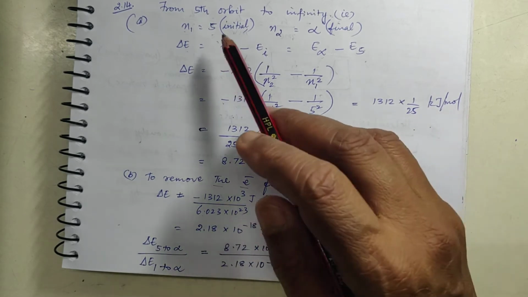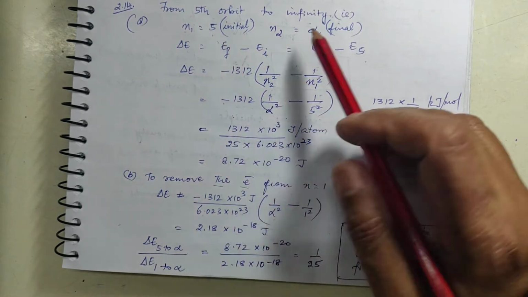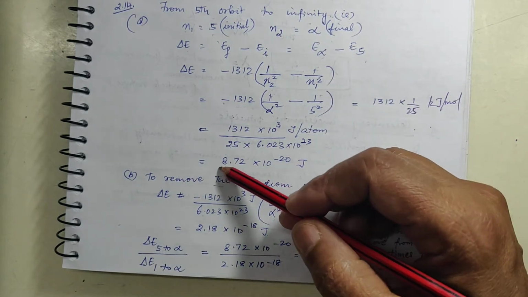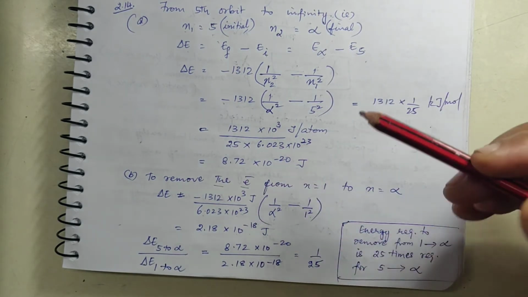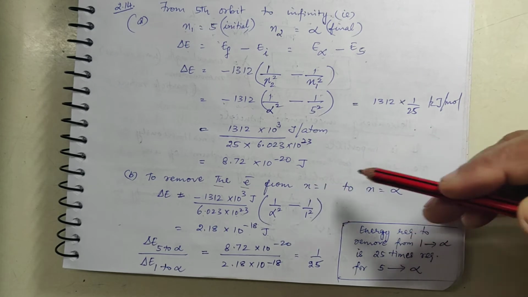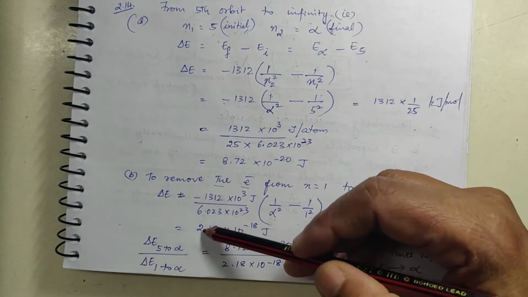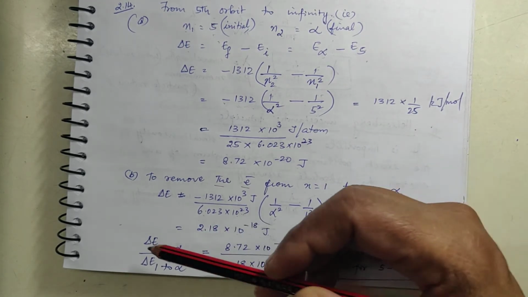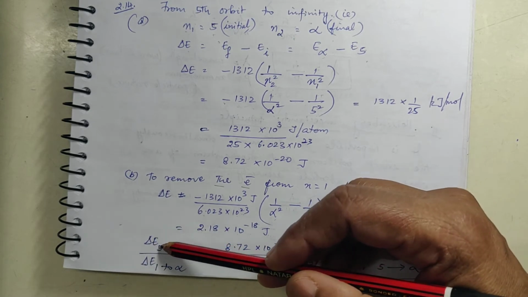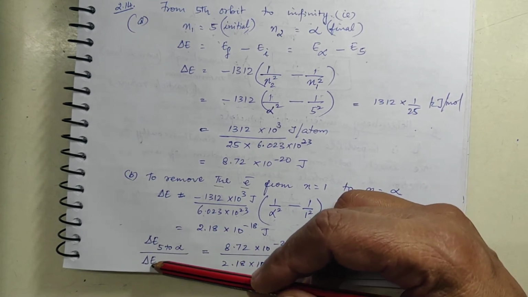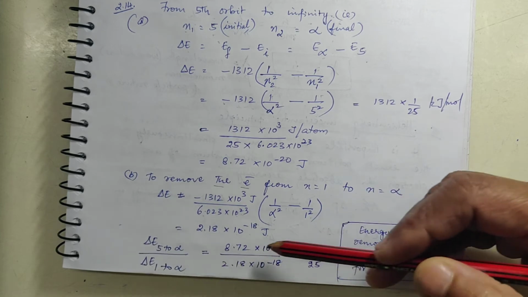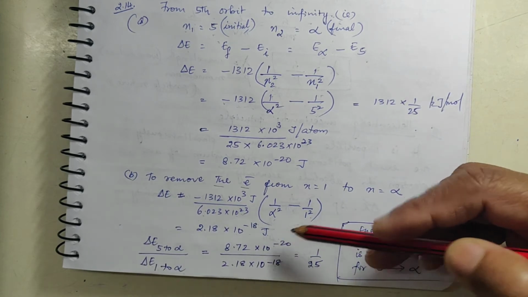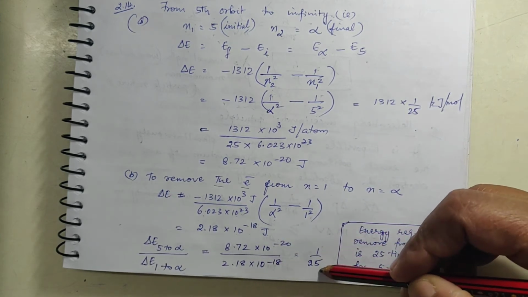Now when you want to move the electron from fifth level to infinity, the amount of energy is this. And when you want to move the electron from n is equal to 1 to n is equal to infinity, it is this. Okay. So delta E 5 to infinity and delta E 1 to infinity. Look at the value. It is coming out like this. So this is equal to 1 upon 25.